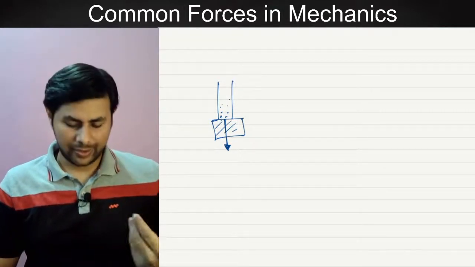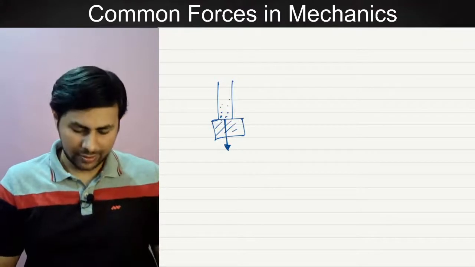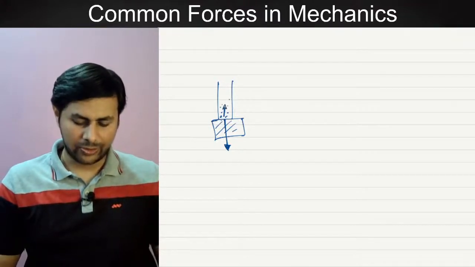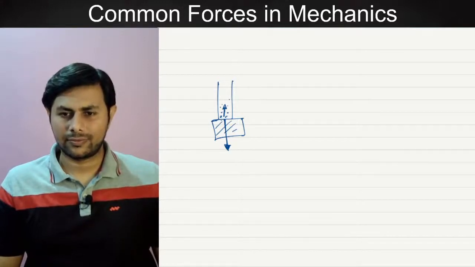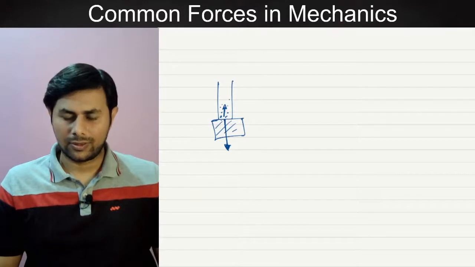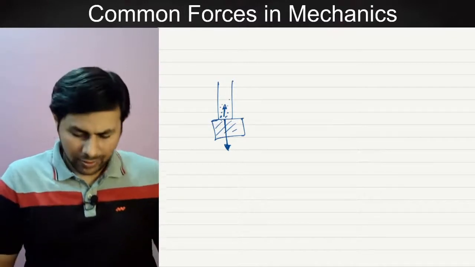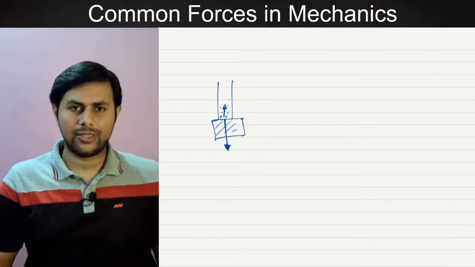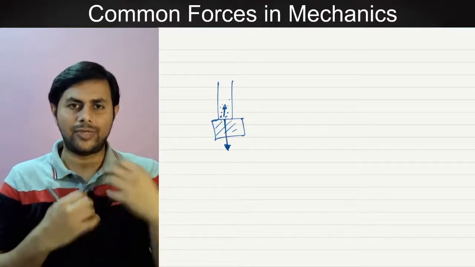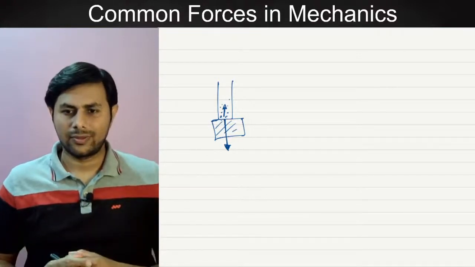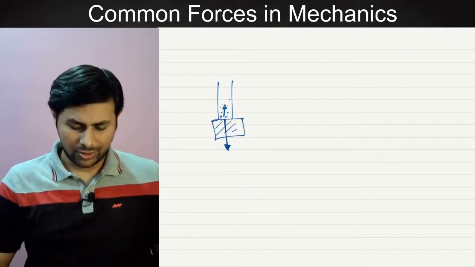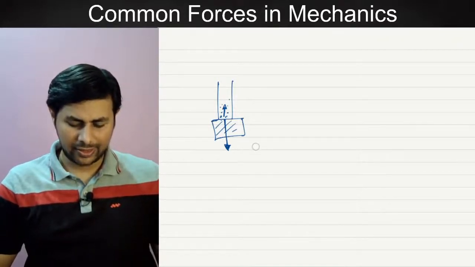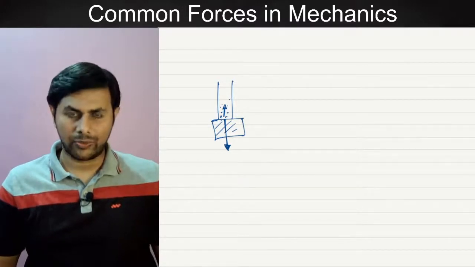So what will be the direction of tension in the string? It will be upwards. Okay. So the direction of tension is always opposite to that of direction of pull. Okay. So if we are pulling it in this direction, the tension will be upwards.